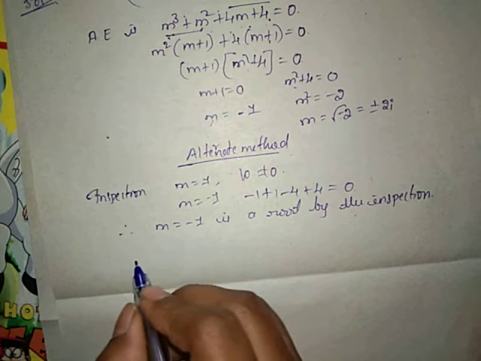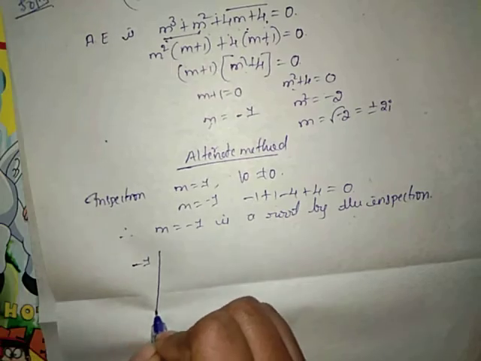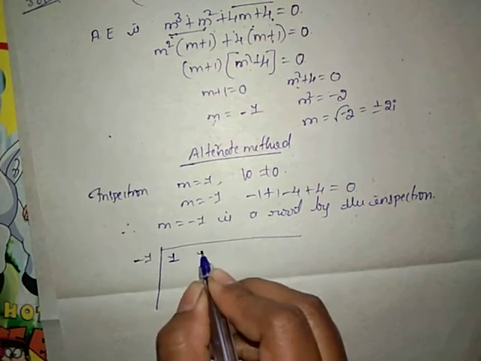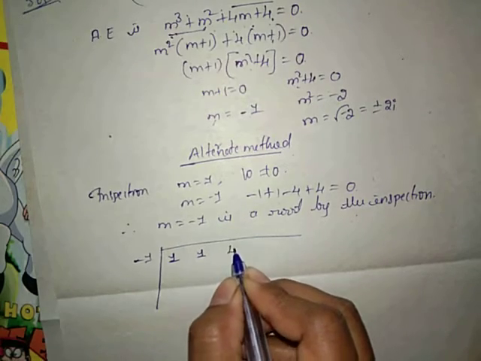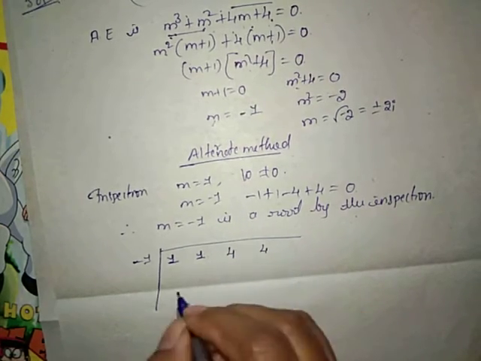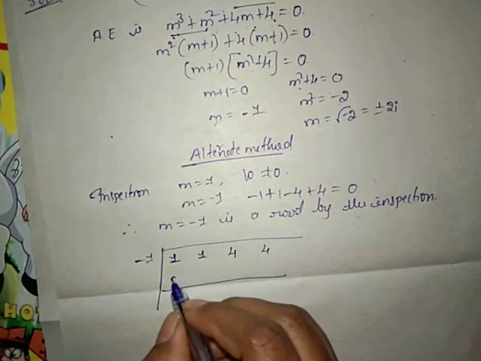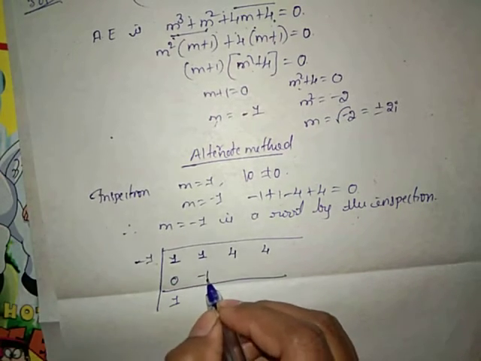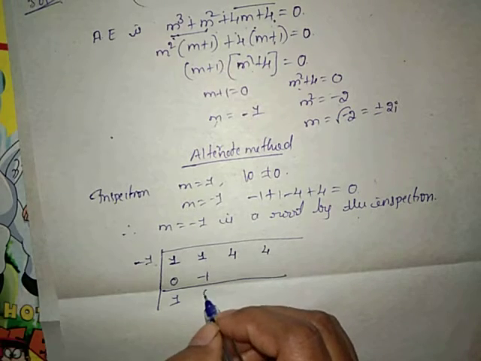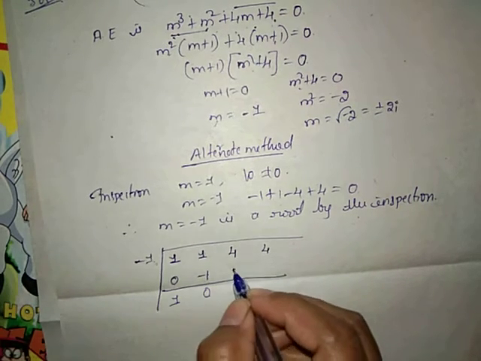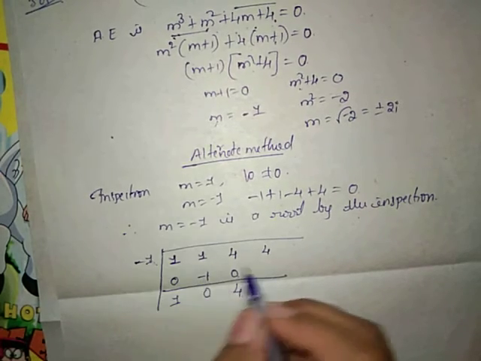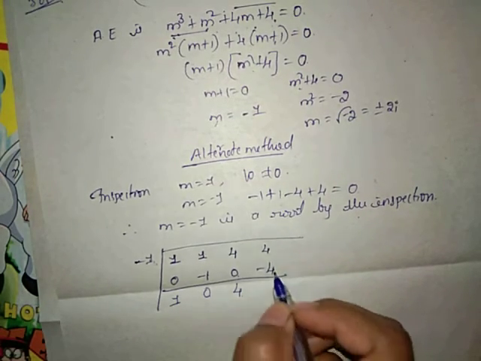Go for the synthetic division. Minus 1, coefficient of m cube, coefficient of m square, coefficient of m and constant. Start with the 0: 1 plus 0, 1; 1 into minus 1, minus 1; 1 minus 1, 0; 0 into minus 1, 0; 4 plus 0, 4; 4 into minus 1, minus 4; plus 4 minus 4, 0.